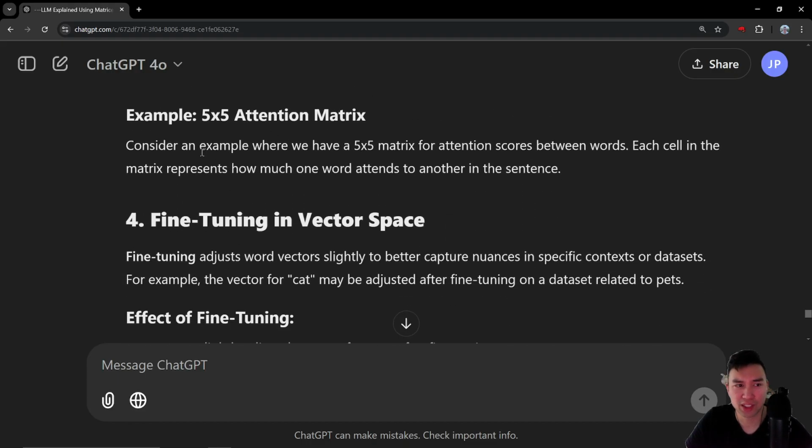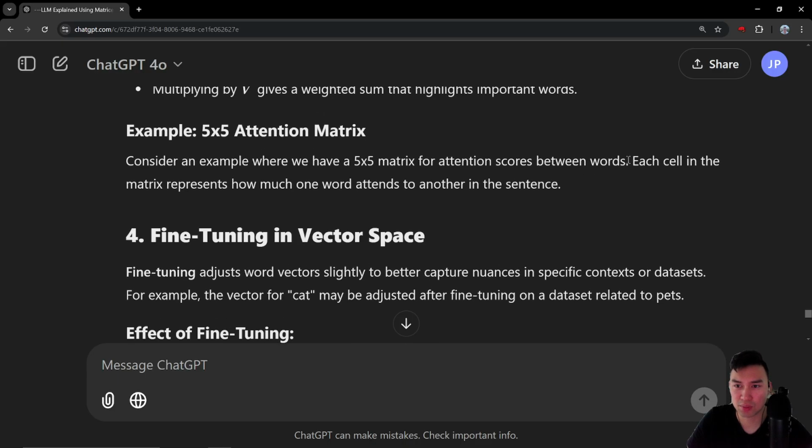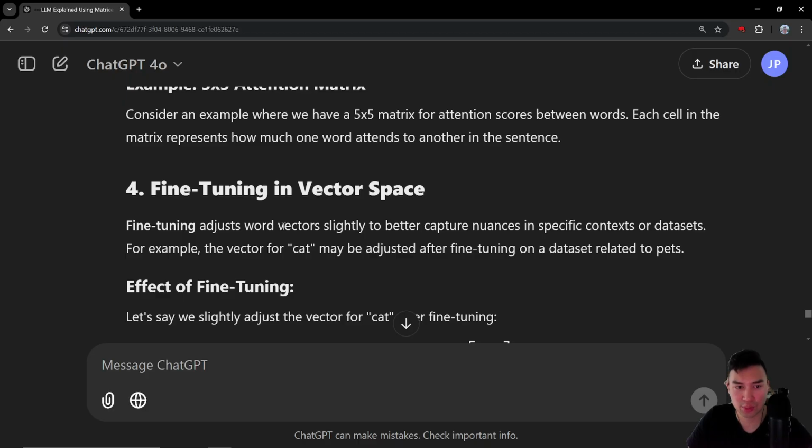As an example of the attention matrix, consider a 5 by 5 matrix of attention scores between words. Each cell in the matrix represents how much one word attends to another word in a sentence. So for example, fine tuning adjusts word vectors. Let's say you have this sentence.